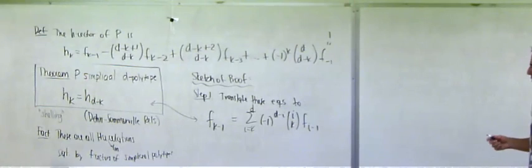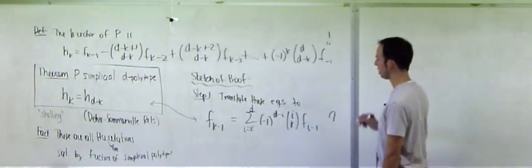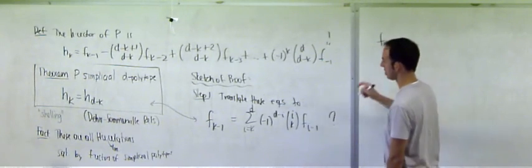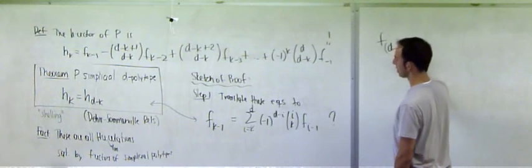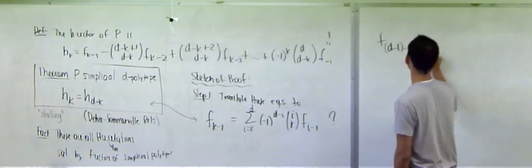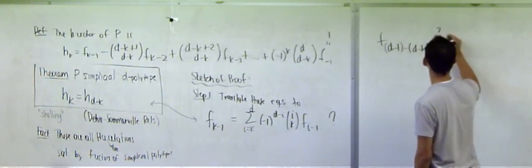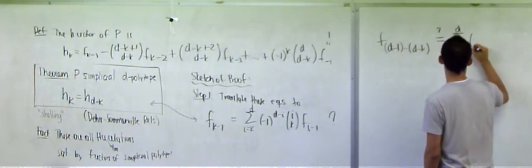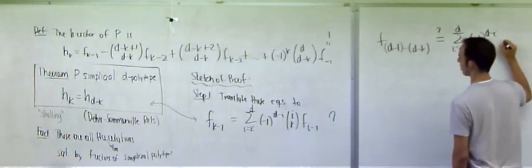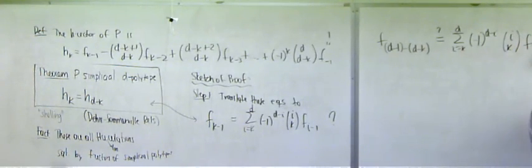Now, what I'm going to do next, so this is what I want to prove. Let me rewrite this as, this is going to be a little bit strange for a second, but let me write k minus 1 as d minus 1 minus (d minus k). And let me write i minus 1 as d minus 1 minus (d minus i).